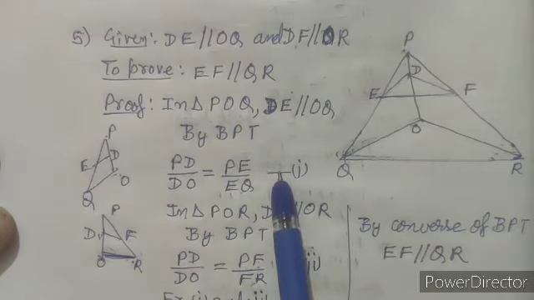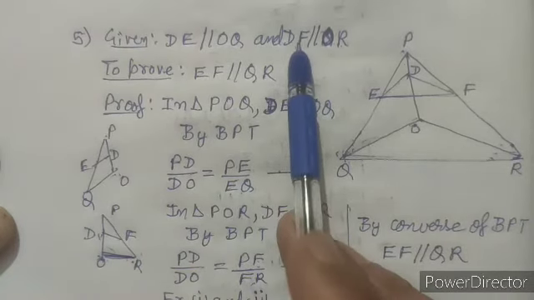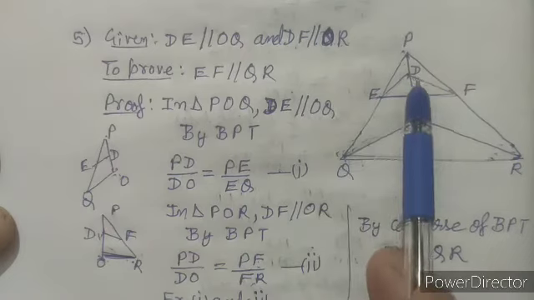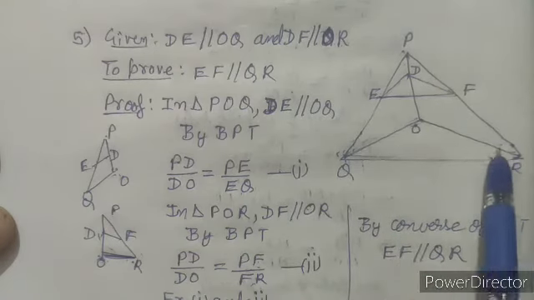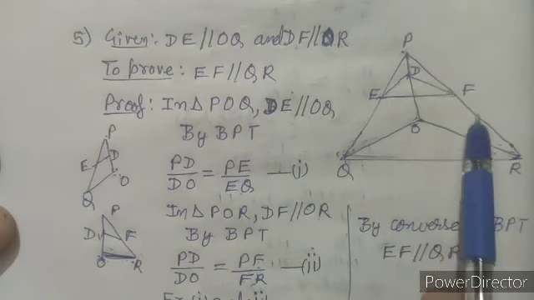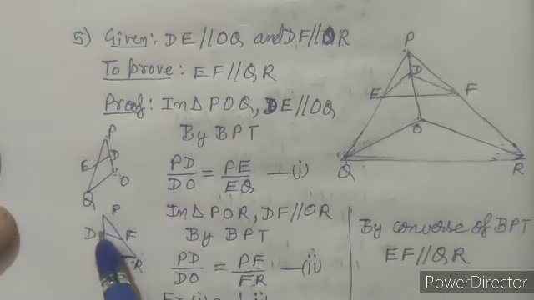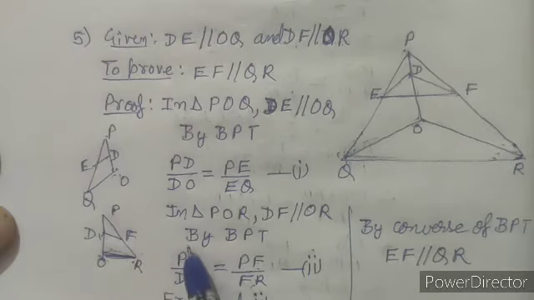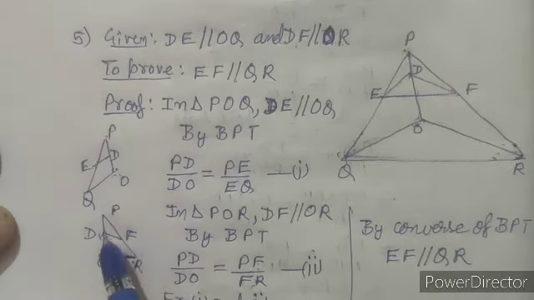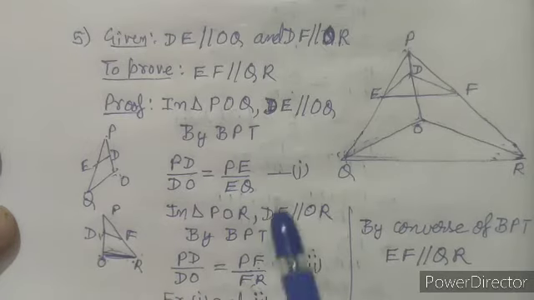That is equation first. Now second one, DF is parallel to OR is given to us. So in the triangle POR, DF is parallel to OR is given. So we can say by BPT that PD upon DO equal to PF upon FR.